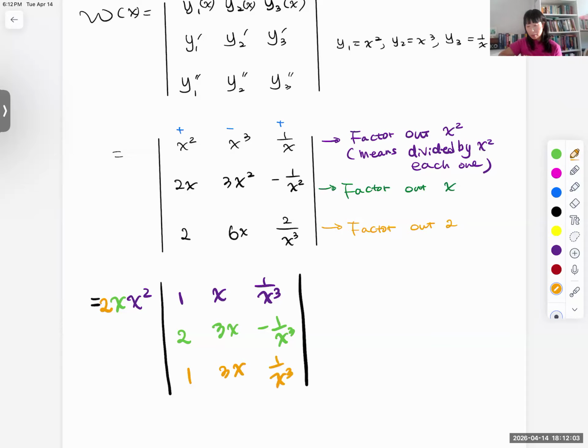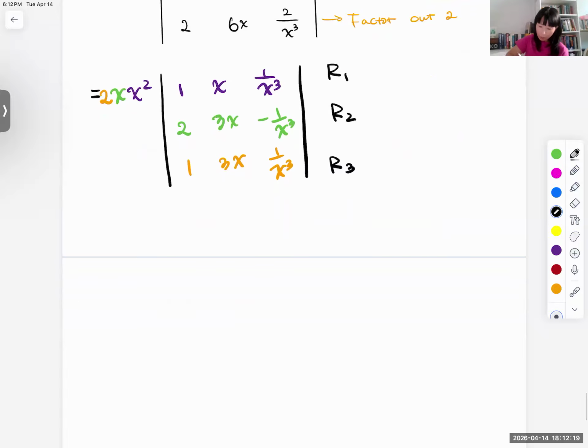Okay, now what do we do? Let's say that this is row 1, row 2, row 3, right? So we're going to make the row operation. Look, all together this will be 2x to the third power, right?